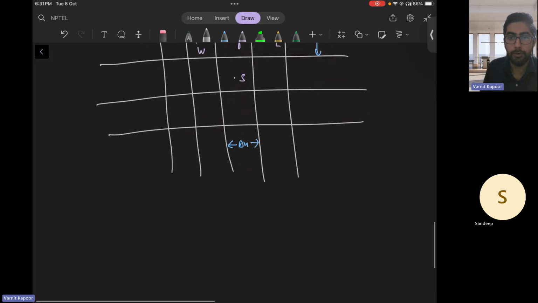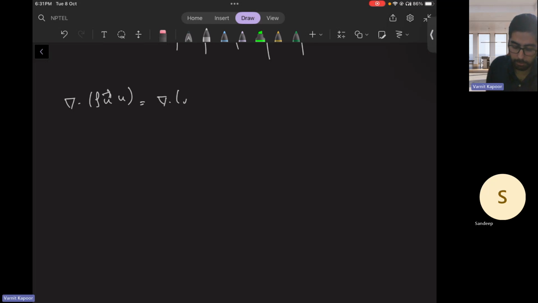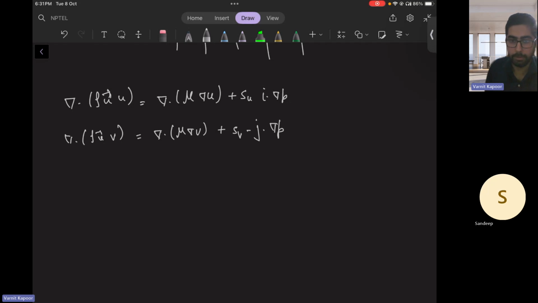Okay. So your equation for the X and Y momentum equation will look something like this. Del dot rho u u is equal to del dot mu del u plus S of u minus i dot del P. Okay, in the i direction. Similarly for the Y direction, del dot rho u v is equal to del dot mu del v plus S of v minus j dot del P. Okay, the pressure term.